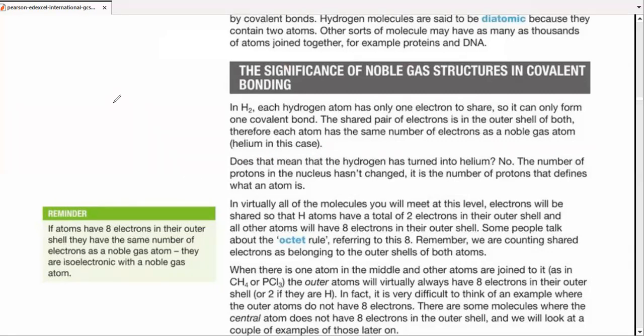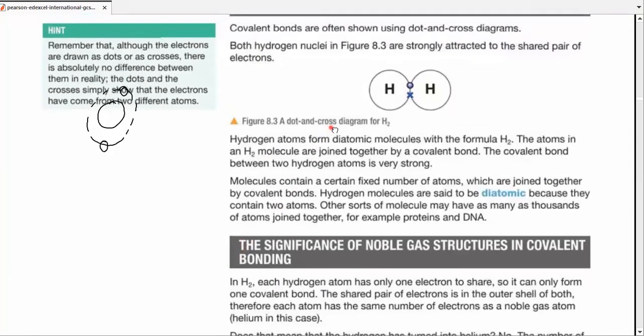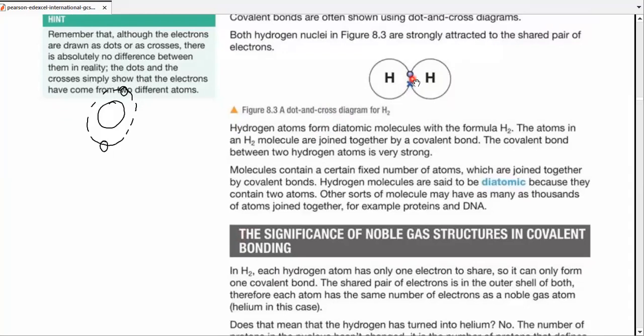Now, let me explain that a helium atom has two electrons in its outermost shell, and it has the noble gas configuration for the first shell. So hydrogen atoms, if you take a look at them, will have two electrons after they have made the sharing.